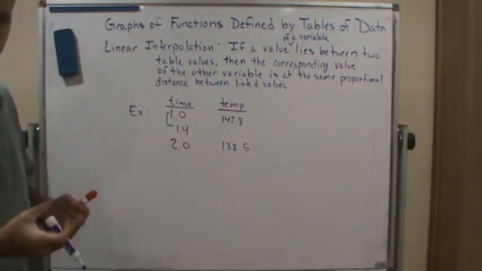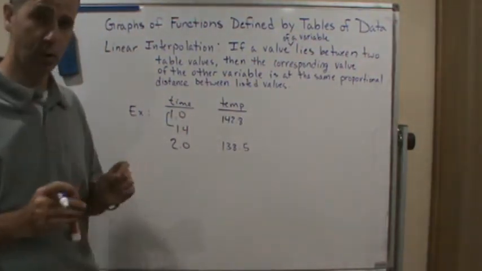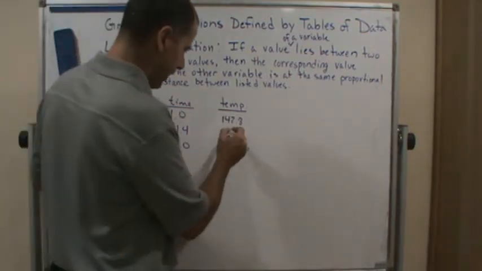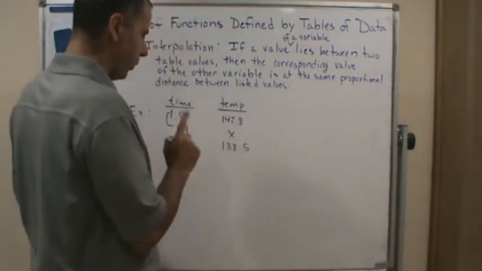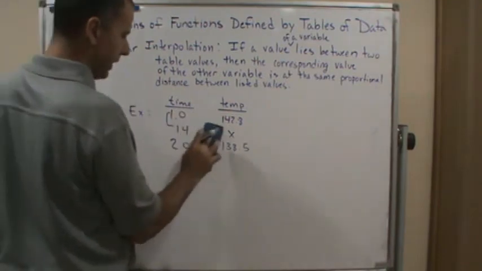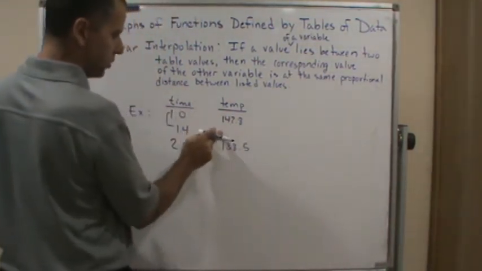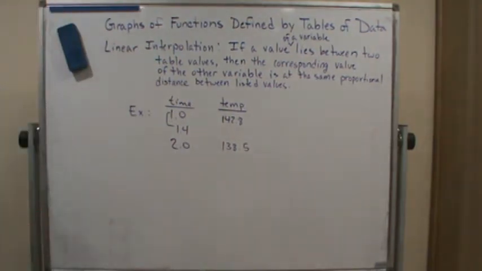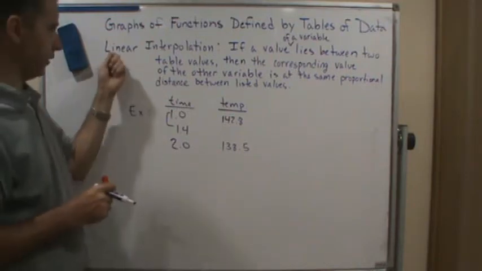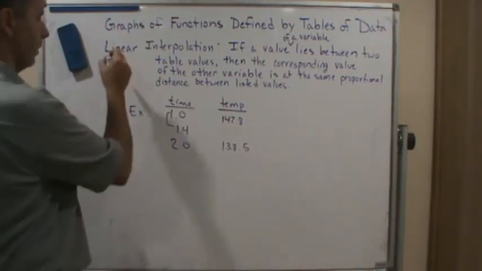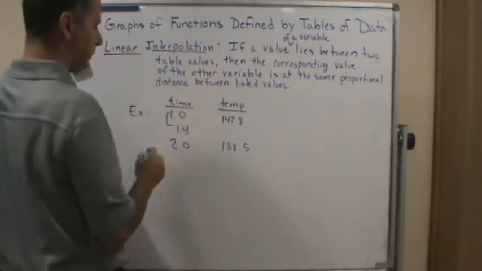Since distances are proportional, let's try to do this in terms of distance. So we're trying to find the temperature, but we don't want X to be the temperature. We want X to represent the distance from this temperature to the temperature that we need. I hope that makes sense. So let's look at distances being proportional. That's what it means in the definition of linear interpolation: the distances are proportional.